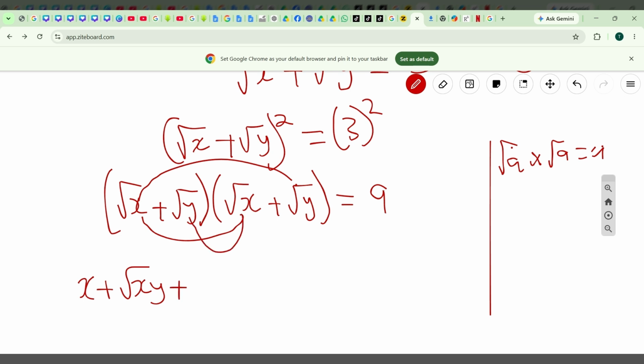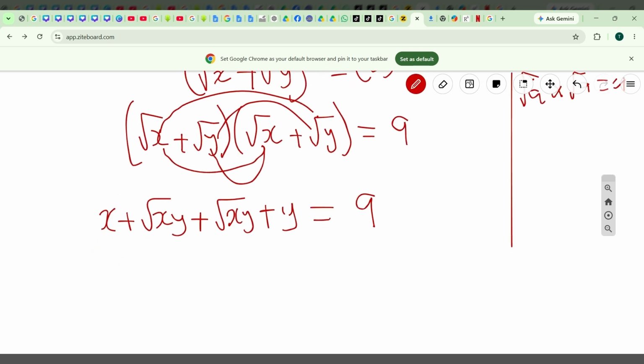Then root y multiplied by root x is also positive root xy, plus root y multiplied by root y is y. And this is going to be equal to 9. Follow me. This is the same thing as saying x plus 2 root xy plus y is equal to 9. Now we have the value of xy. This is our value of xy.